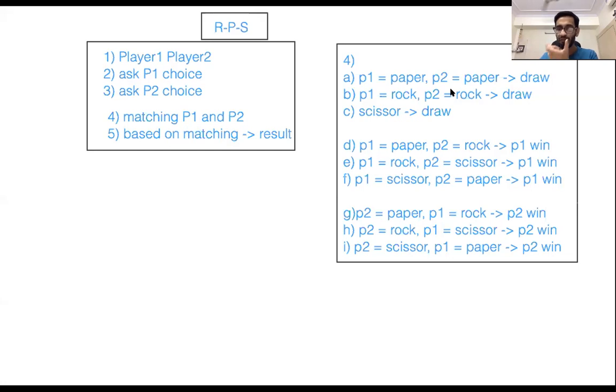That will give you some way of implementing that solution, even if you're new to any programming language. And this way, you can repeat the same process for all the conditions that we have listed here, and you have a piece of code that lets you evaluate whether P1 has won or whether P2 has won.